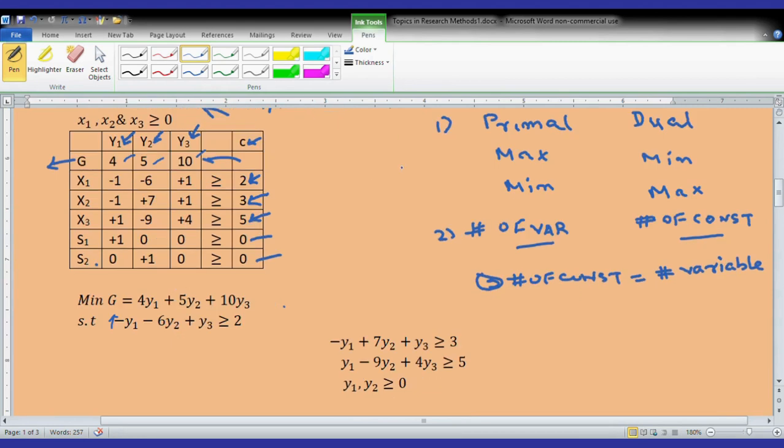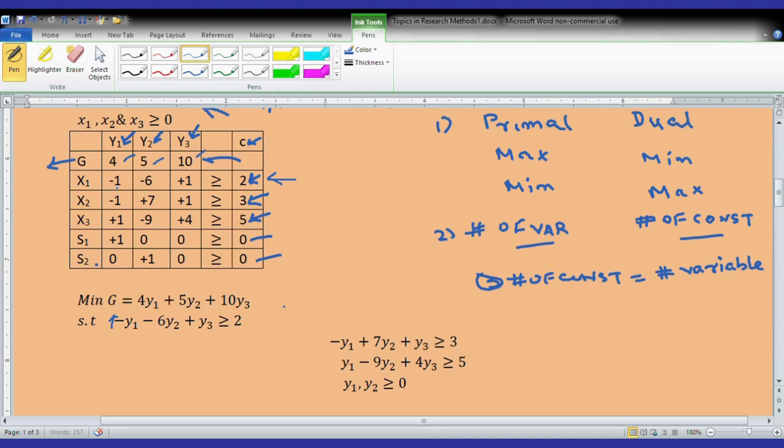The relevant row and column actually will be defining the coefficients of y1, y2 and y3. So this is the third row, and this then will be defining the first constraint equation.